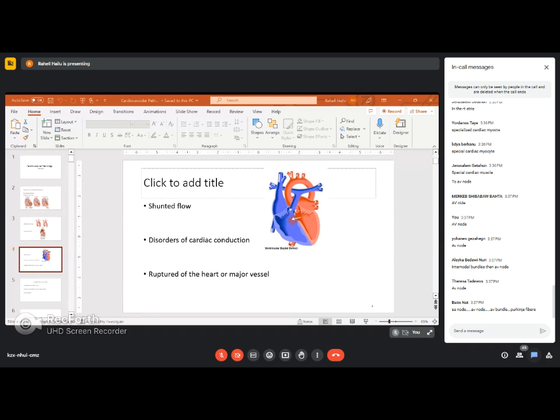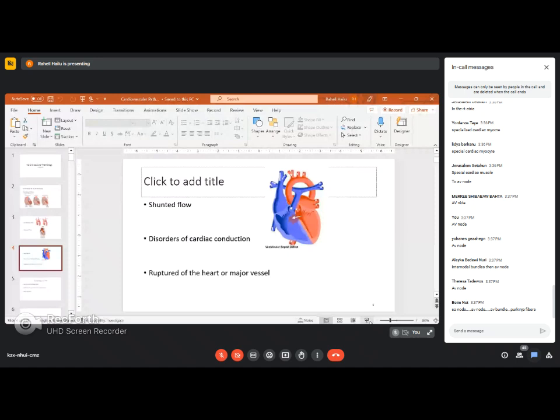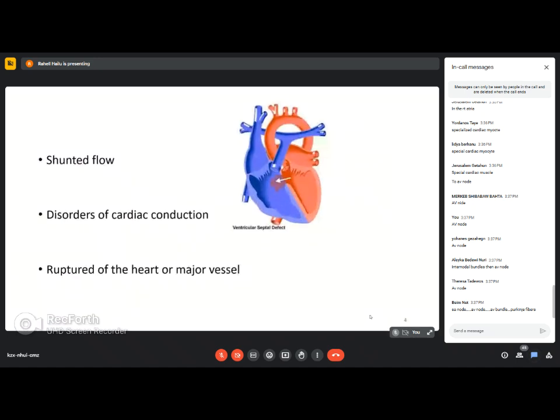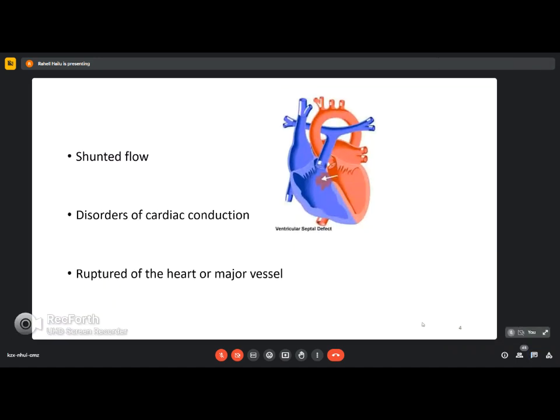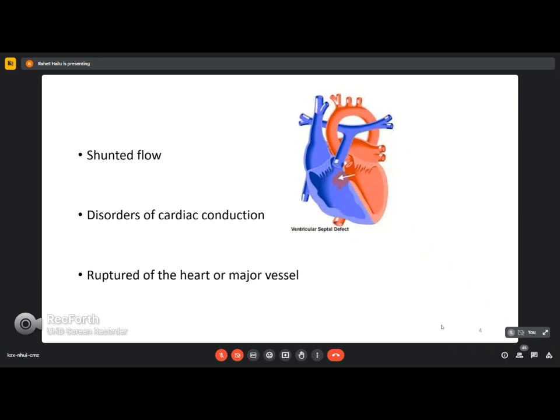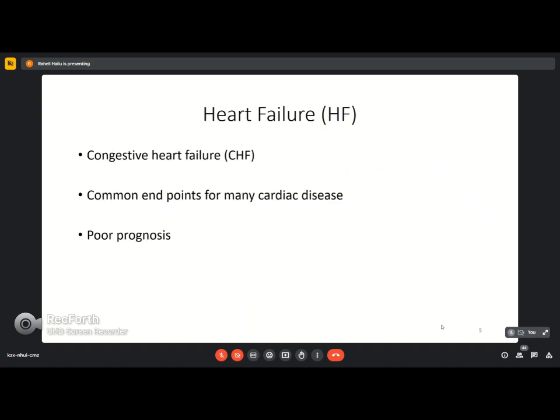Anything that causes arrhythmia is also one mechanism of cardiovascular pathology. Okay, let's move on. And the other thing is a rupture of the heart or a major vessel, particularly aneurysm, which is also one of the mechanisms for a cardiovascular abnormality.